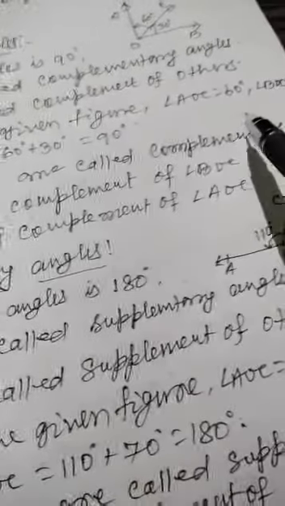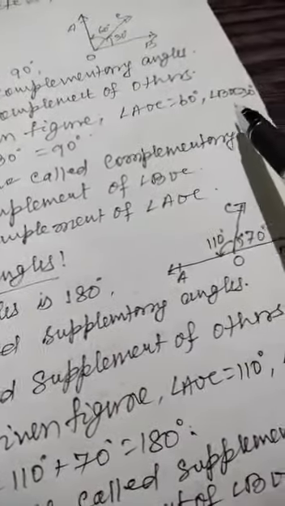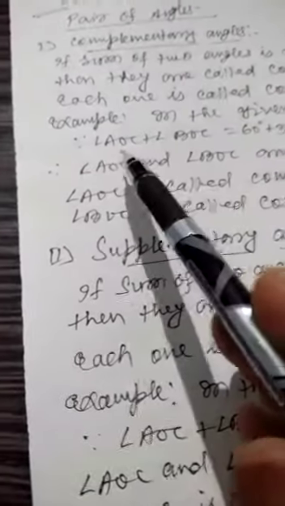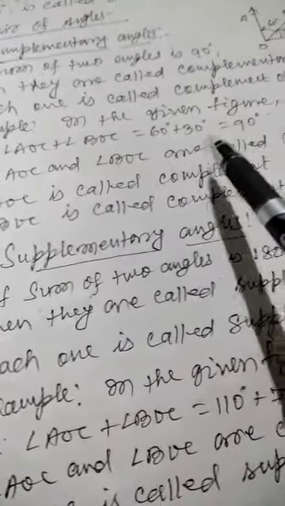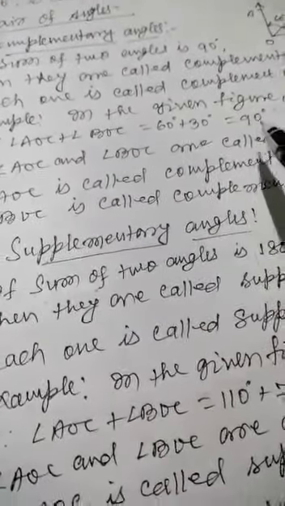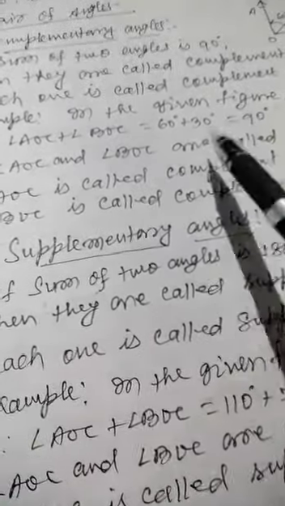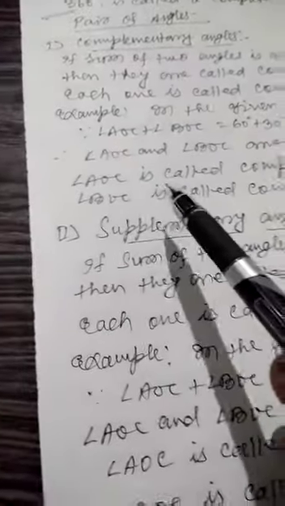Example, in the given figure, angle AOC equals 60 degree, angle BOC equals 30 degree. So we find the sum: angle AOC plus angle BOC equals 60 degree plus 30 degree equals 90 degree. So here the sum of two angles AOC and BOC became 90 degree. So they are complementary angles. Clear?